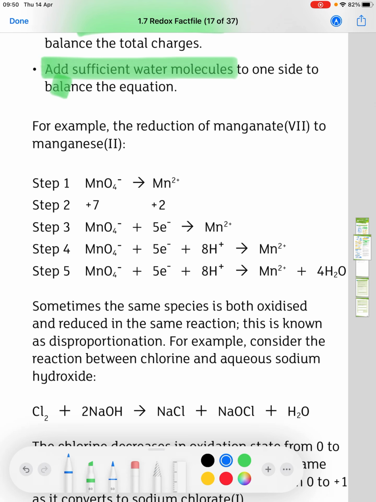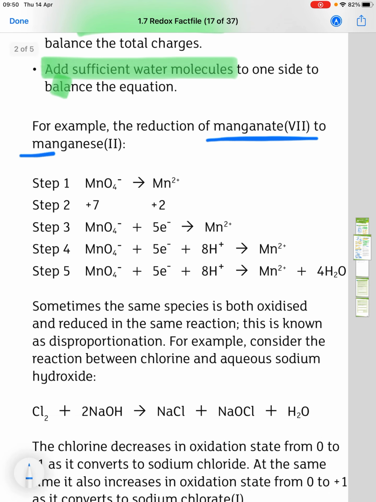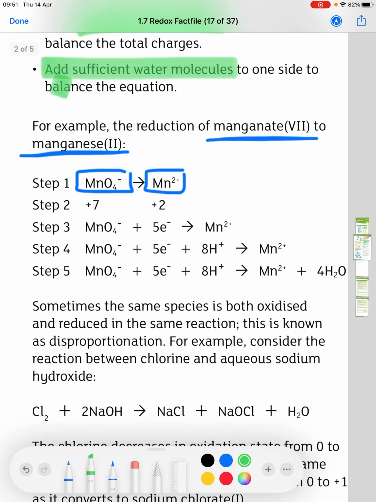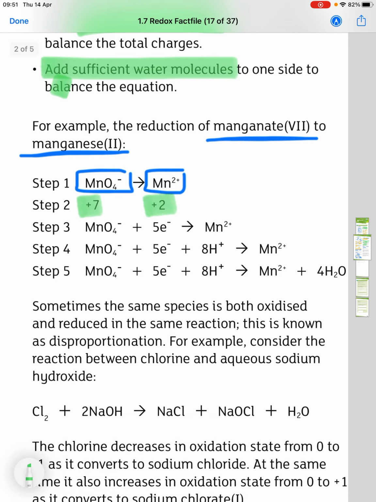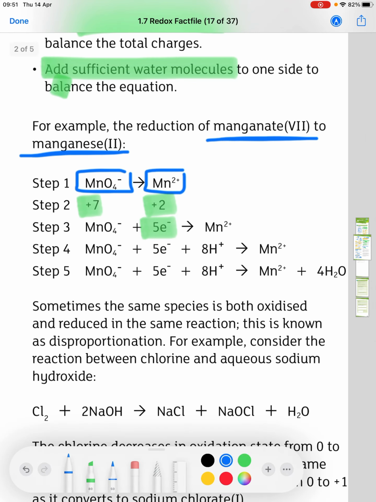So here we're looking at the reduction of manganate(VII) to manganese(II). So we've got MnO4- going to Mn2+. The oxidation states are +7 and +2. So the difference there is 5, so we need 5 electrons. And then we look at the overall charges.